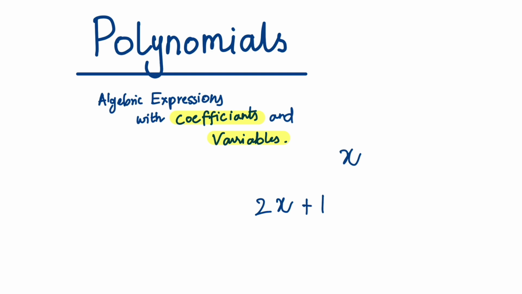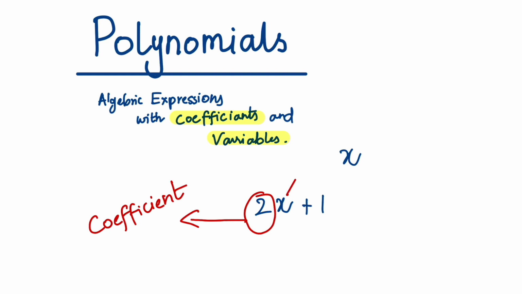Now in this polynomial expression we have different things. We first have this 2, and this 2 is what we call a coefficient. And this x is what we call a variable. So the coefficient is basically the number that comes along with the variable.